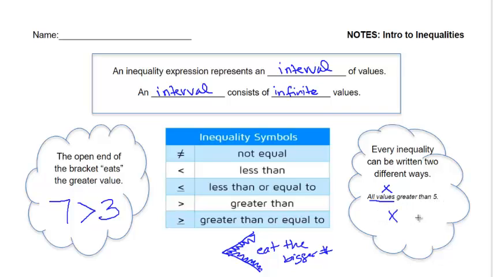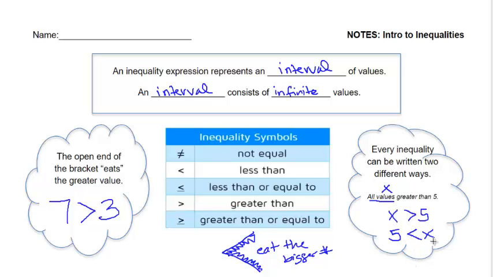So all the values that are greater than 5, there's an infinite number of them. That means we're comparing all of these infinite numbers and 5. Which one of these 2 things is bigger? Well, it says all the values that are bigger than 5. That means that x must be bigger than 5. But that's not the only way to write this sentence. What if we flip-flopped these around? x is still bigger than 5. It still gets eaten.